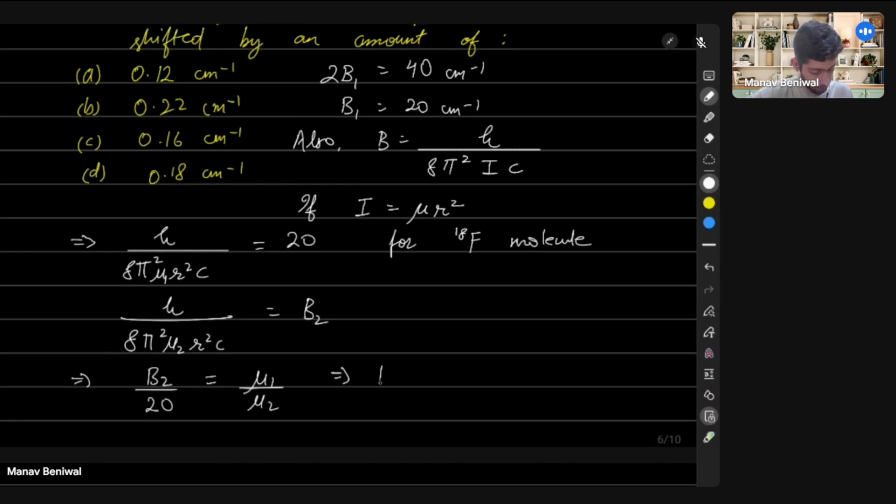So b2 is nothing but 20 times mu1, because h is 1, into 18 upon 1 plus 18 divided by 1 into 19 upon 1 plus 19.